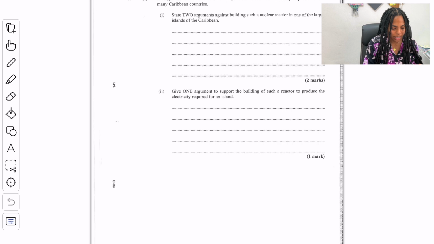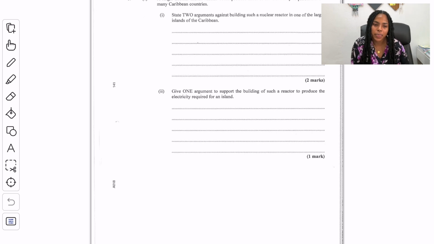Now for the last one, another question that I was not a fan of because of the fact that it requires explanation and discussion. So a single nuclear fission reactor could produce most of the electricity requirements for many Caribbean countries. This is like literally the one thing that my Form 5 physics class and I did not discuss, which I'm disappointed in myself with because it came last year.